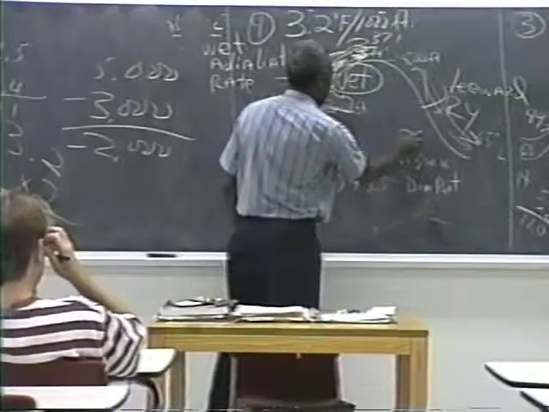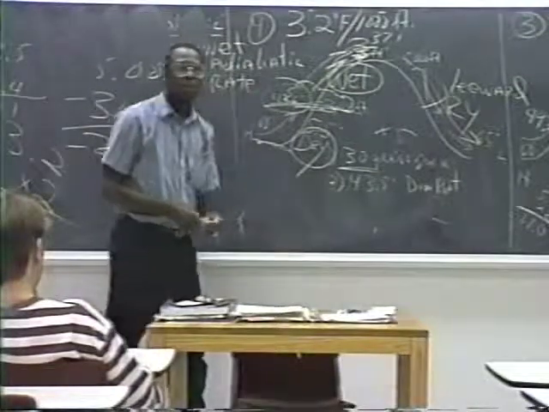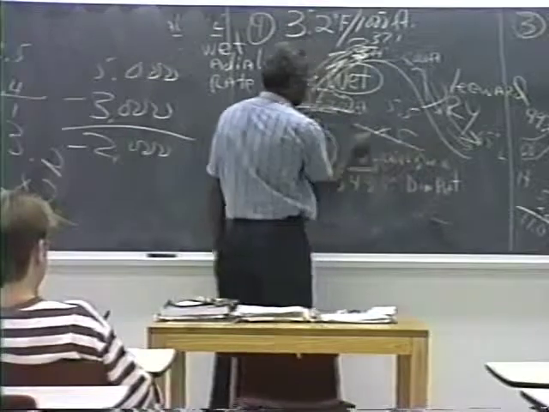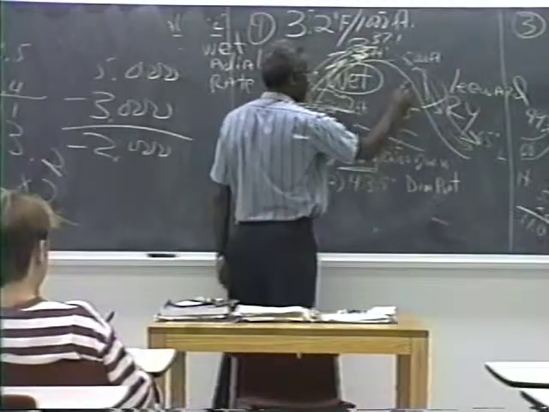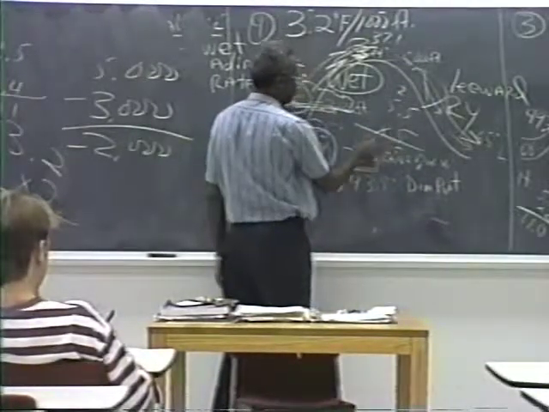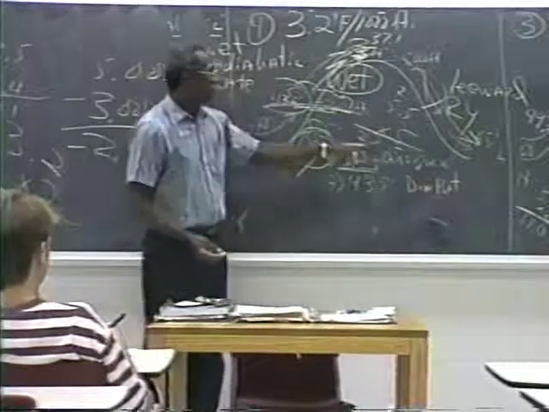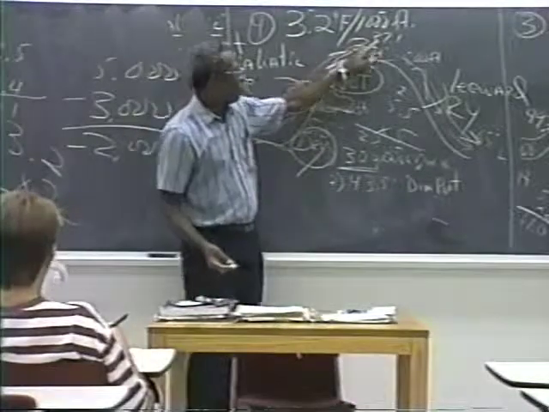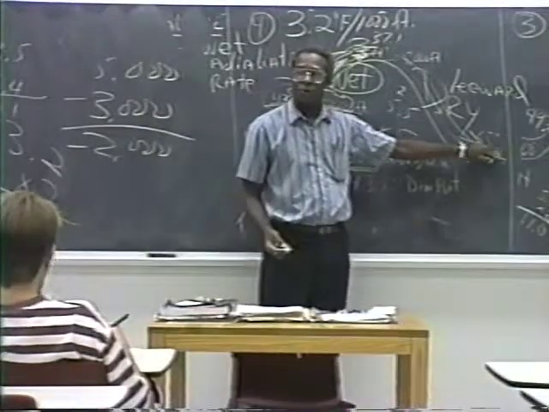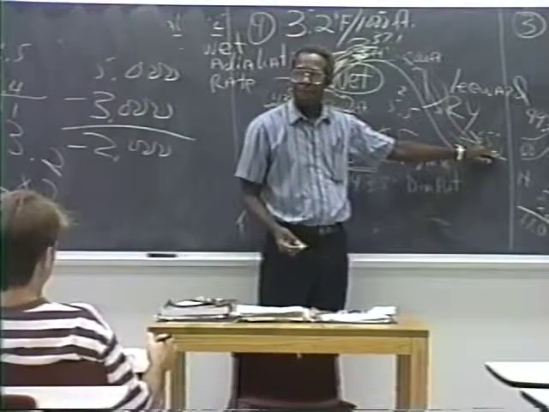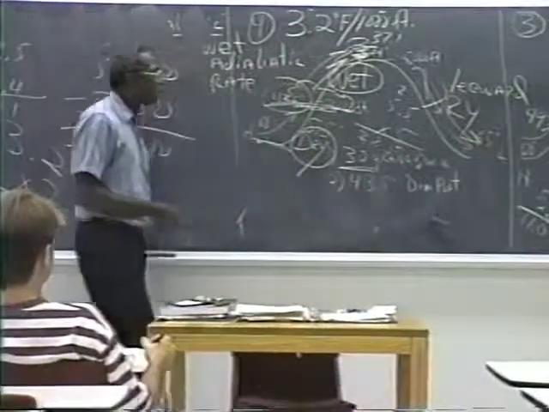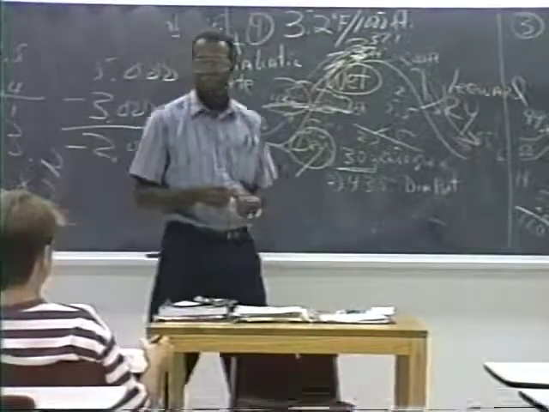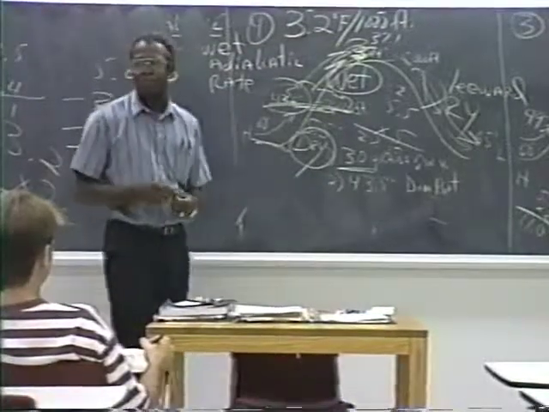So we multiply 5 times what? 5.5, because it's dry. And we get 27.5. What will we do with the 27.5? Add it to the 37.1, we get 65 degrees at the base on the other side. Okay, any questions on that?